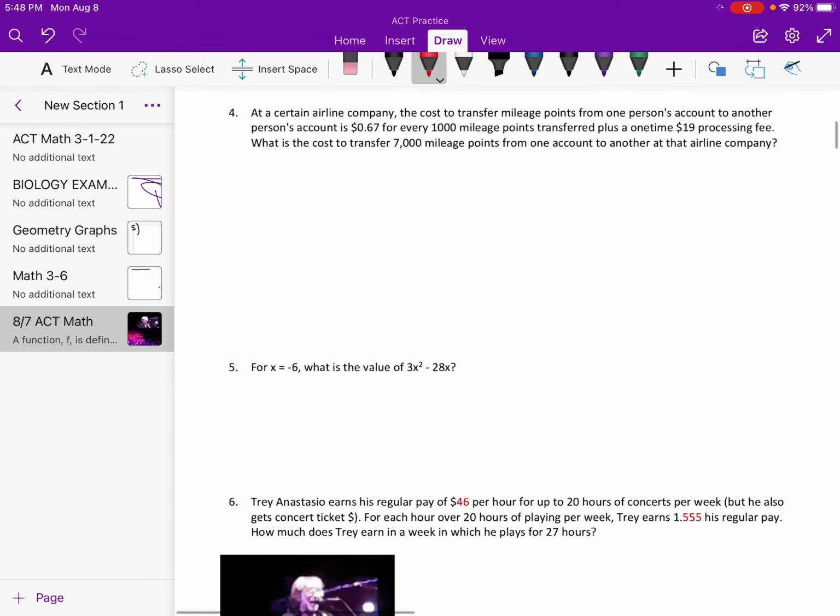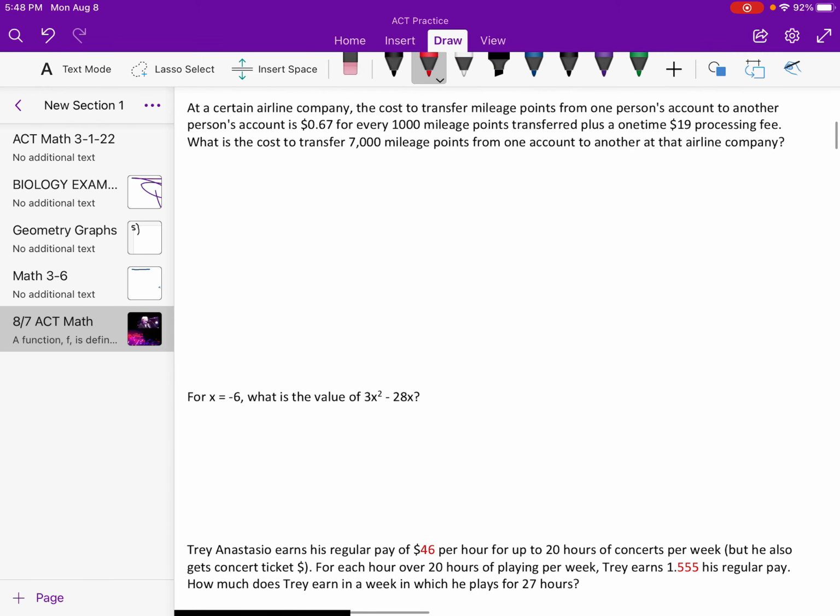Let's see this long thing, and I didn't make this prompt, by the way. At a certain airline company, the cost to transfer mileage points from one person's account to another account is 67 cents per 1,000 mileage points, plus a $19 processing fee. So we can just write that down: 67 cents per 1,000 mileage points, we'll just say MP.